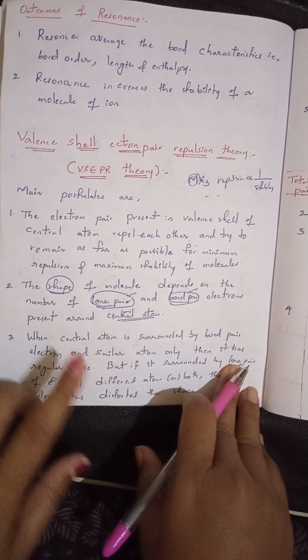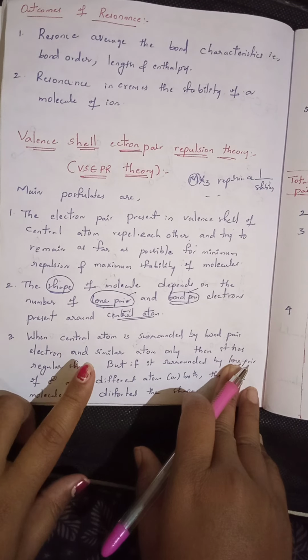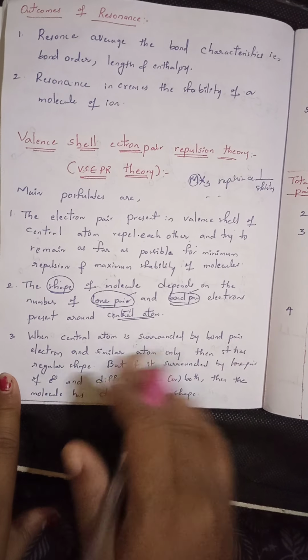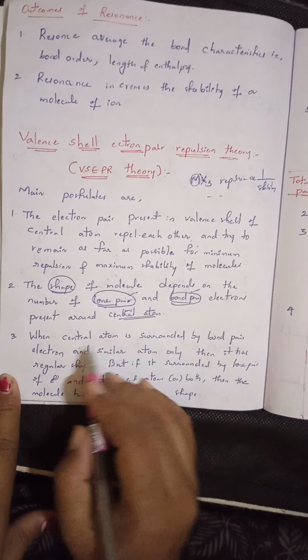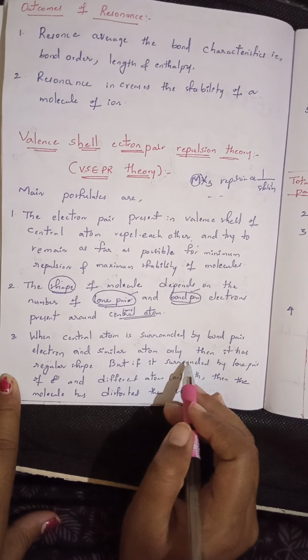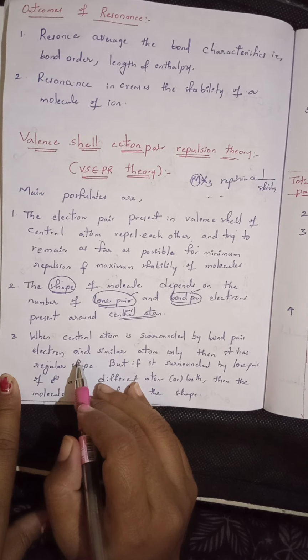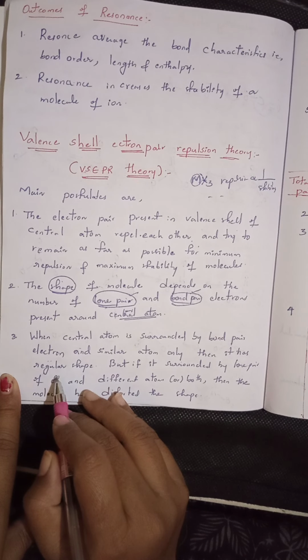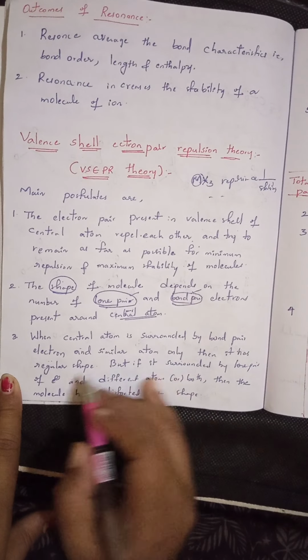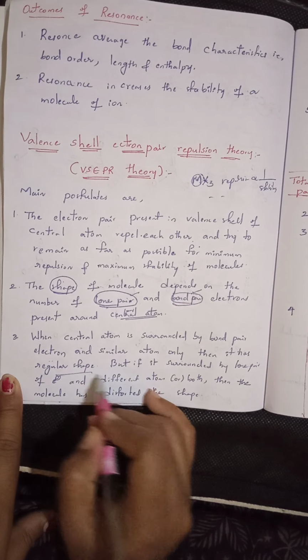So the shape of a molecule always depends on the lone pair and bond pair electrons present on the central atom. If the central atom is surrounded by bonded pair electrons and similar atoms only, then it has a regular shape. If the central atom and the other atoms are similar, it will have a regular shape.